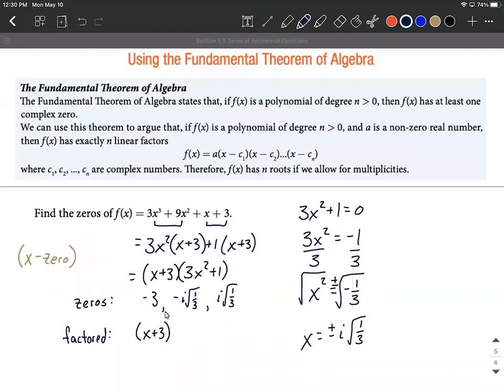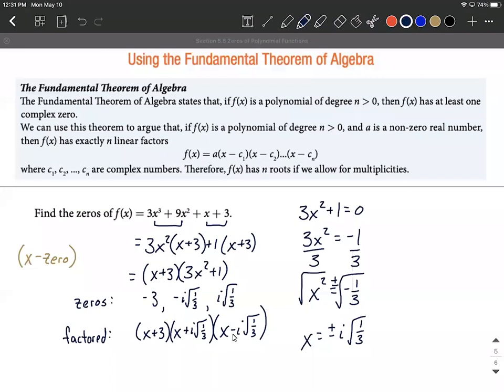So in our case, negative i square root of 1/3 was a zero. So we can say x minus negative i square root of 1/3, or x plus i square root of 1/3, is going to be a factor. And then x minus i square root of 1/3 for that last zero. x minus whatever the zero was.